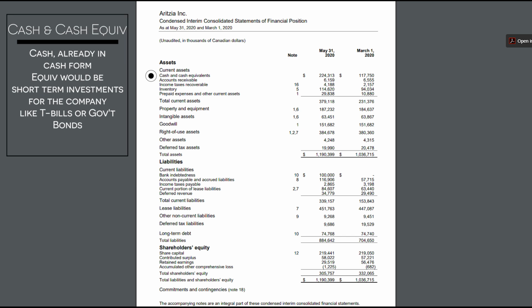So within the next 3-4 months, those cash equivalents are going to turn into actual cash. And we can see here on a quarter-over-quarter basis, Aritzia has strengthened its cash position fairly extensively. They've nearly doubled their cash on hand.